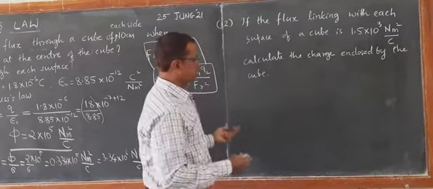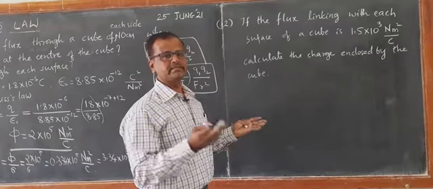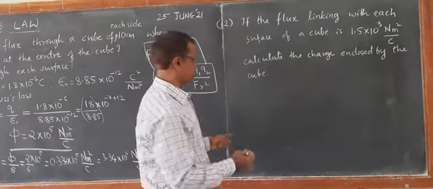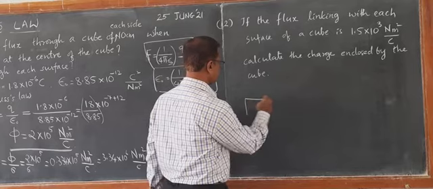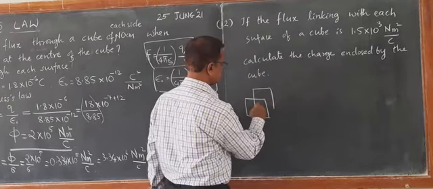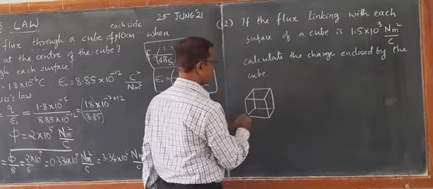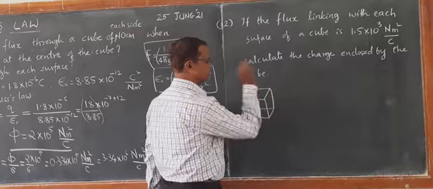Again, we need to apply Gauss theorem, and the Gaussian surface given here is the cubical surface. Again, just draw a cubical surface. So, flux linking with each surface is given.